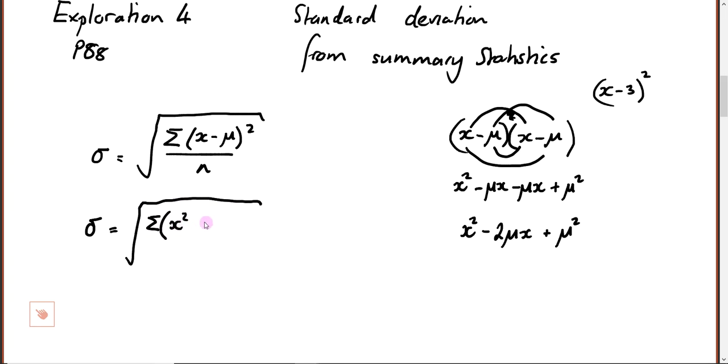Okay, x squared minus 2 mu x plus mu squared, and that's still all over n. Right. Is that all right so far? It looks more complicated than you're used to, but there's no new maths there, right? I know you've all done foil or that kind of stuff.